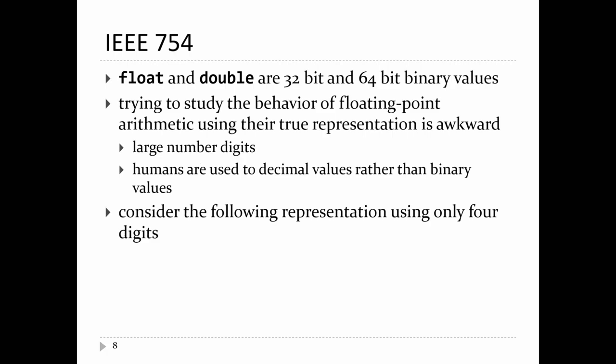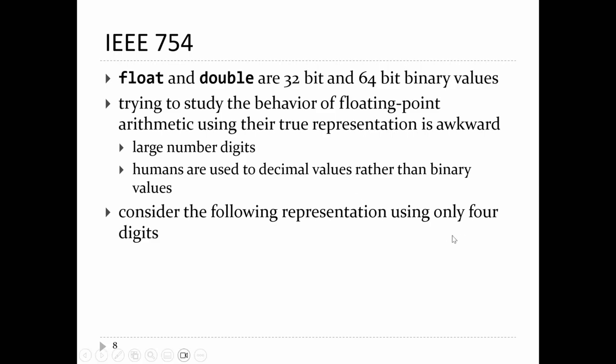Also, most people aren't used to reading binary. We're used to working in decimal, and so it would be nice if we could study this and work in decimal instead of in binary. Now, fortunately, the standard says there is a standard for decimal values as well. So that's nice. But we're not going to look at that either.